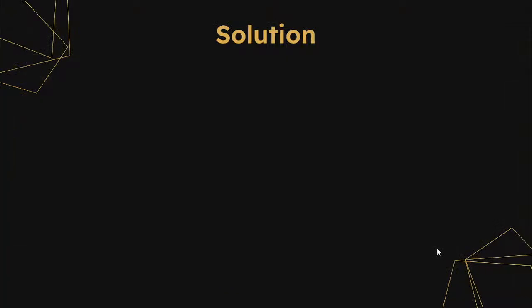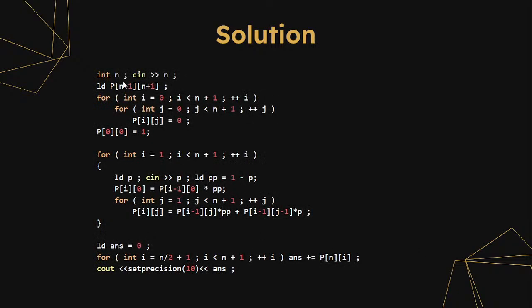So let's look at the code. I've taken input and I have initialized the probability of all things as 0. Then initially the probability of having 0 heads is 1, because that will be the initial condition.